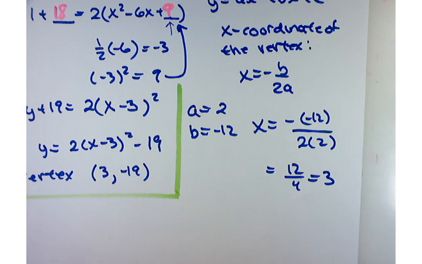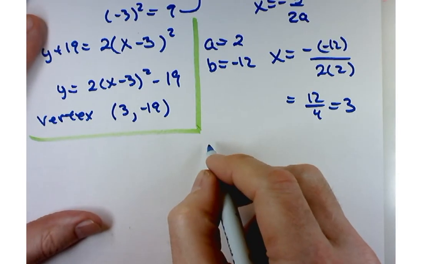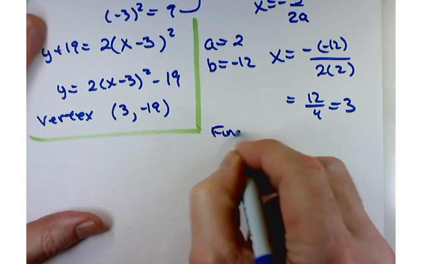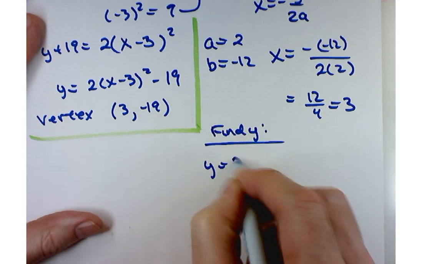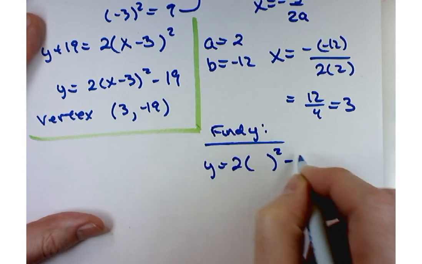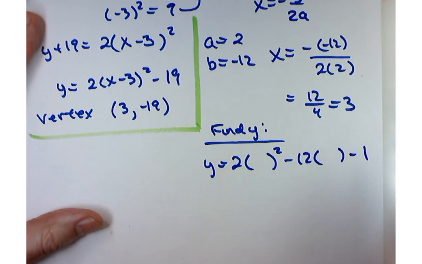How do you find the y-coordinate then? Replace the x with 3. Yeah, we're going to plug in the 3 into this equation and find the y-coordinate. So if I want to find y, that's going to be y equals 2 times 3 squared minus 12 times 3 minus 1.